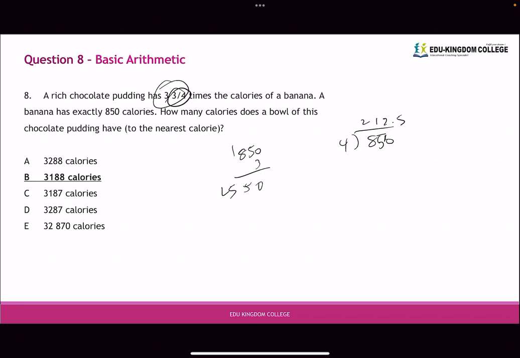And then times that by 3. So this is 1/4. Times that by 3, you should get 637.5. Okay. So this is 3/4 equals this. Add them together.